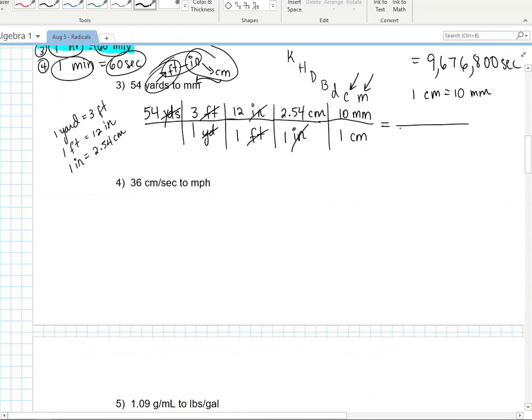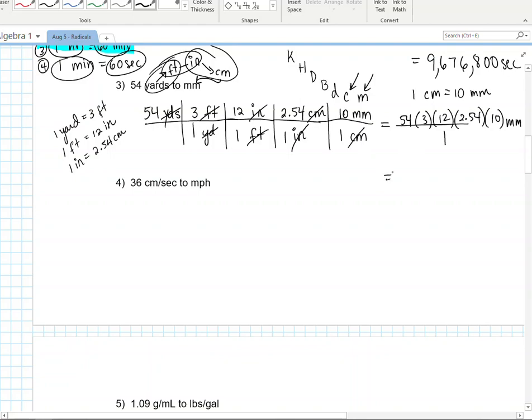Collecting all these numbers: 54, 3, 12, 2.54, as well as 10, over 1. Oops, I forgot to cancel the centimeters, see? Now I have to put all this in the calculator.